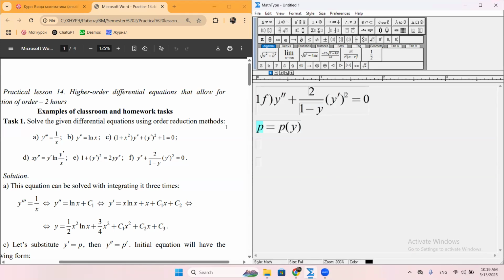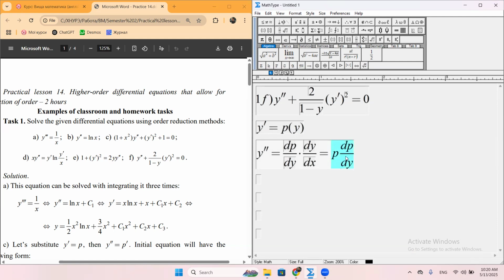Actually, y prime is a function p that depends on y. Then y double prime equals dp by dy multiplied by dy by dx, so it will be equal to p times dp by dy.